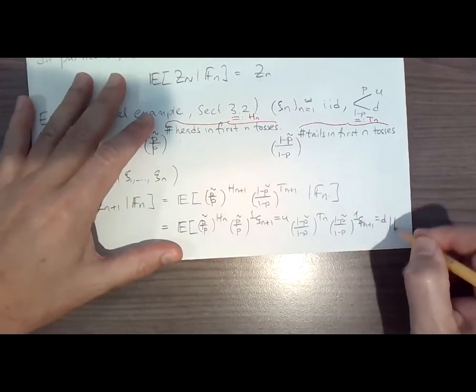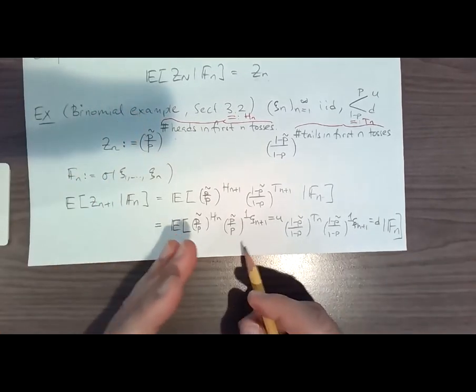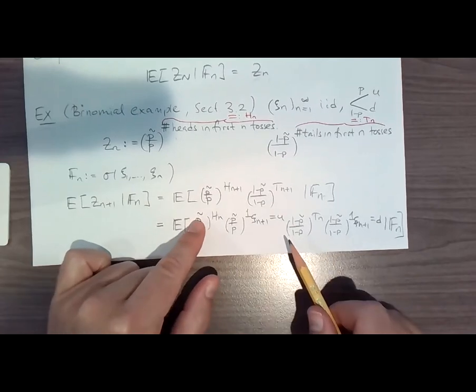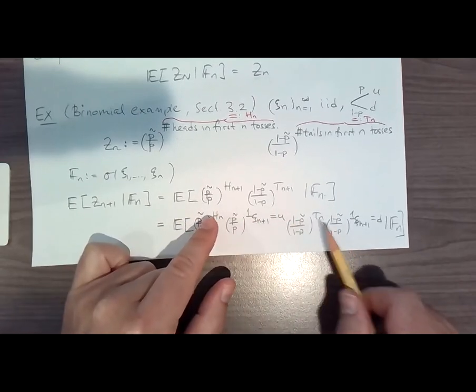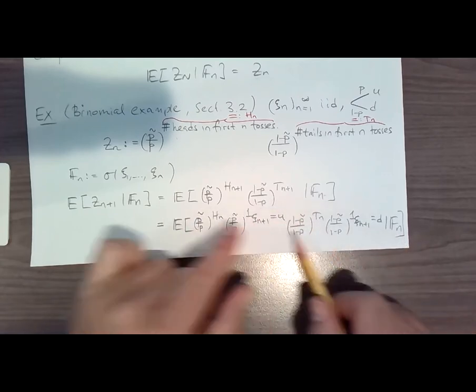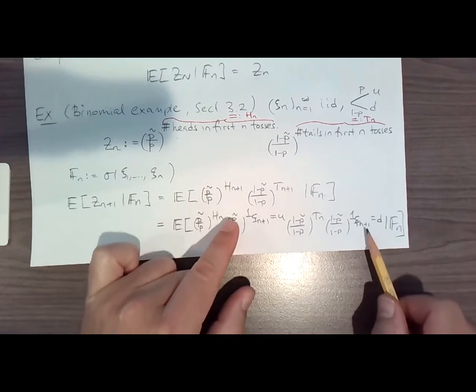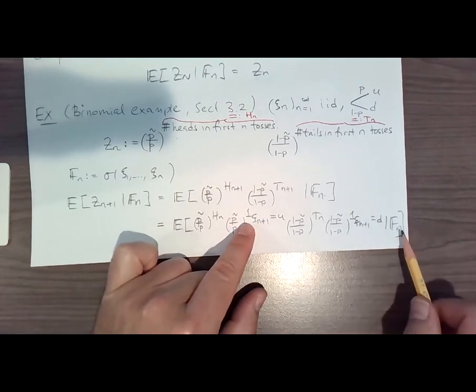And then the condition on Fn. And you see what this decomposition did? It broke it down into something that is measurable. I can combine this term and that term. They only involve psi 1 up to psi n. I'm conditioning on those, so I can take them out, they're measurable. And then what remains is this product of these two, that is psi n plus 1, but that's independent.